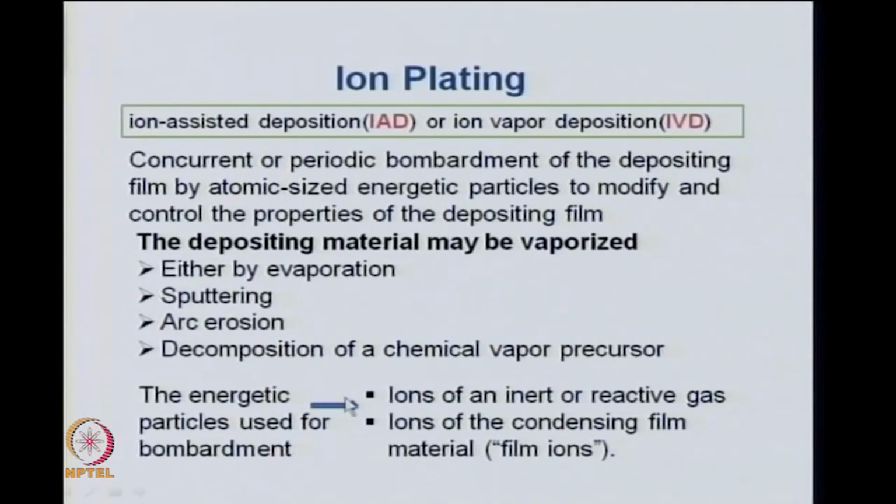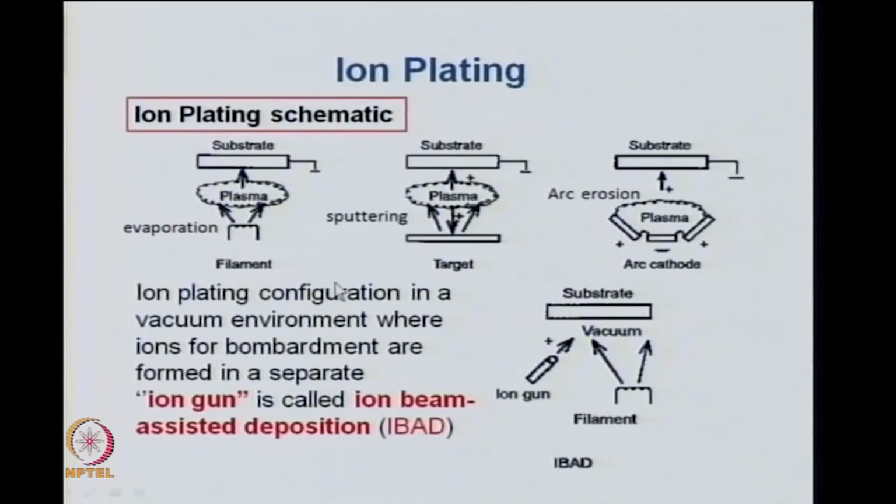So, you can use different methods. You can use an inert gas and its ions, or reactive gas ions, or the ions of the same material which is condensing onto the substrate. Depending on them you can have different schemes.